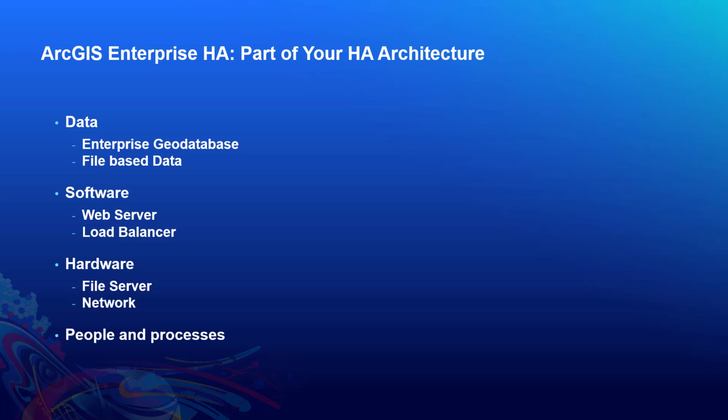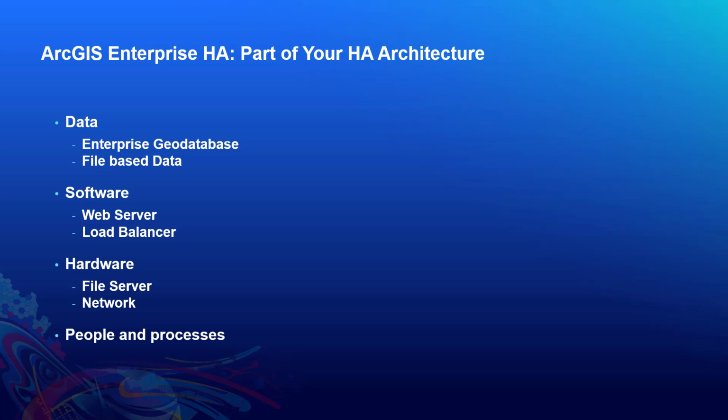Is your file-based data in a location that can handle failover and failures? Do you have enough web servers and do you have a highly available load balancer? Can your hardware support the traffic that occurs between the different machines when they're running the software?